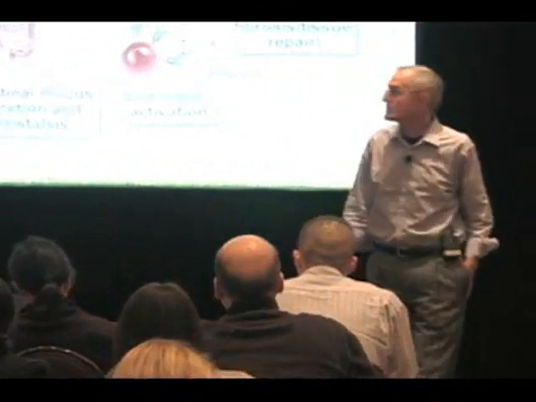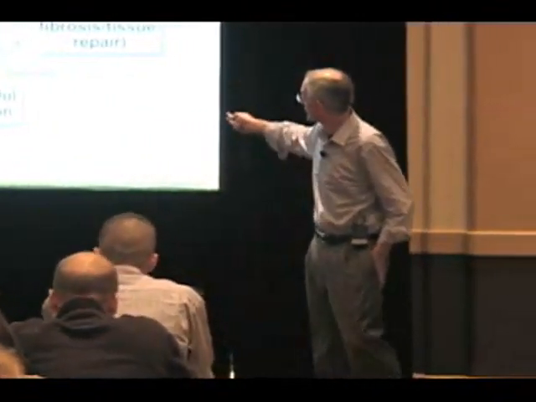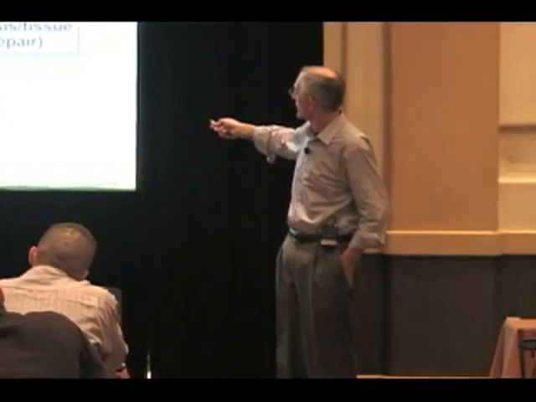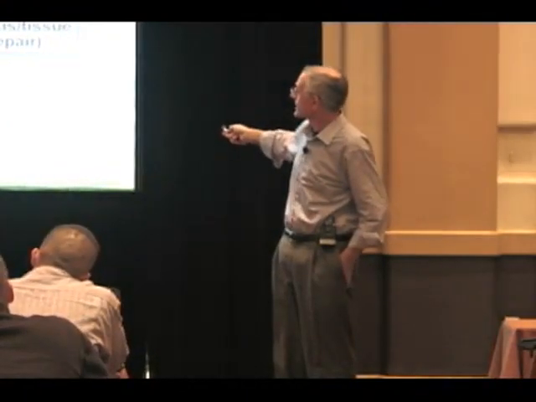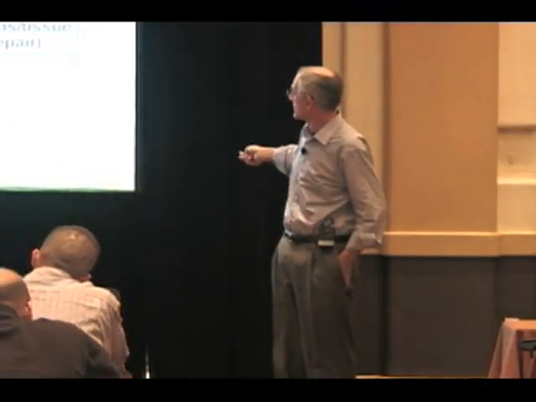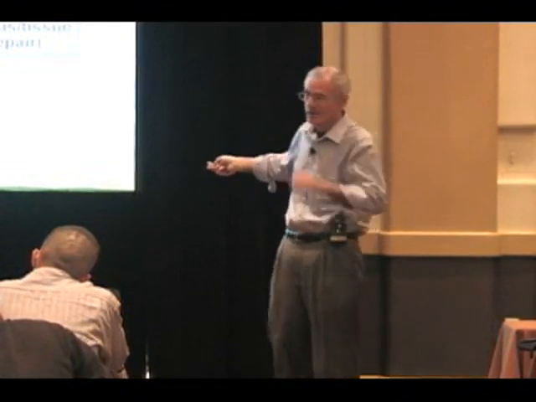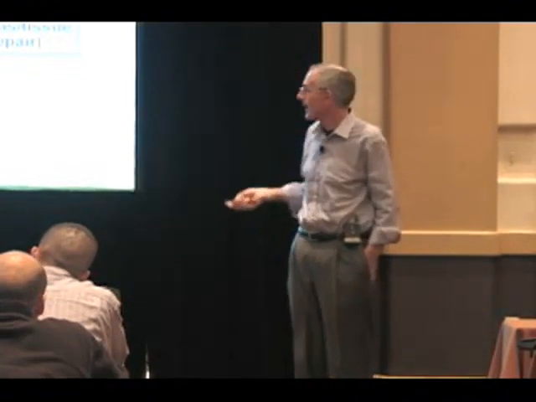So Th2 cells will, in part, alternatively activate macrophages, and that will lead to enhanced wound healing, but also may lead to scarring. So there's a lot of interest, for instance, in lung disease, fibrosing lung disease, that could be due to chronic Th2 cytokine-driven alternative macrophage activation.